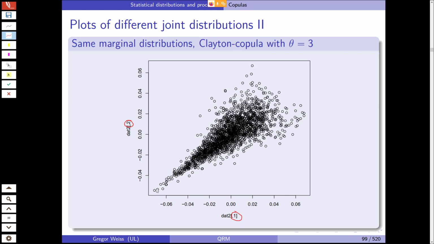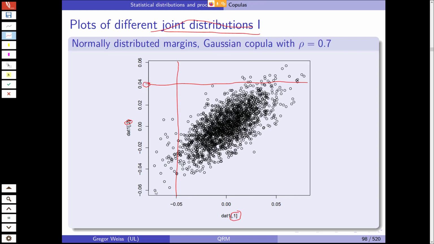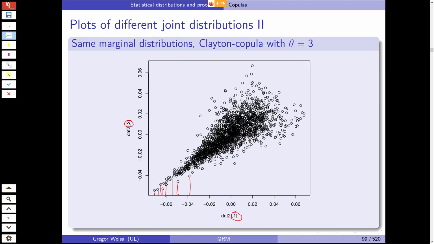No. If you were to take all those points and drop them down on the x-axis, you would get the same distribution on the x-axis. It's the same distribution if you cut through the x or the y-axis. Same thing with the y-axis.